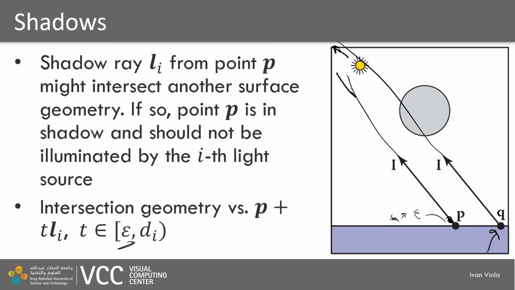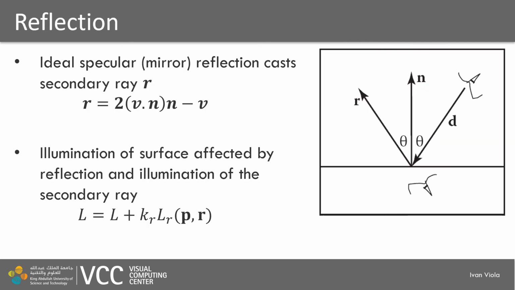Okay, so this is the simple way how we can generate shadows in ray tracing. Moreover, sometimes we would like to model the color transfer or color bleeding effect between various objects.